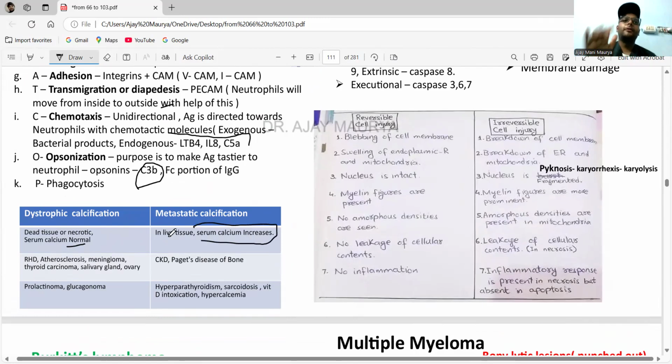Then you have to remember the examples. In metastatic calcification: RA, CKD, Paget's disease of bone, hyperparathyroidism, sarcoidosis, vitamin D intoxication, and hypercalcemia. These all come under metastatic, and the others come under dystrophic. This is how they are going to ask the question. This question was already asked in the July 2024 FMGE exam.